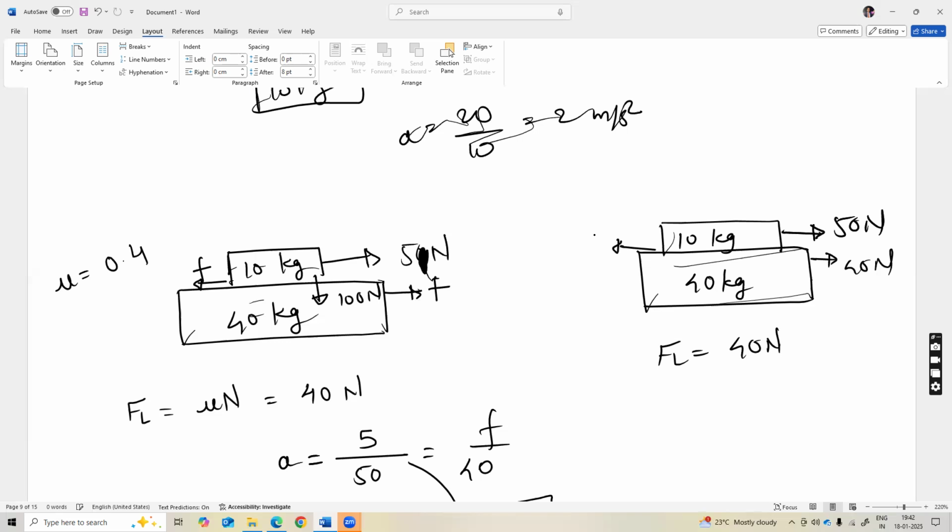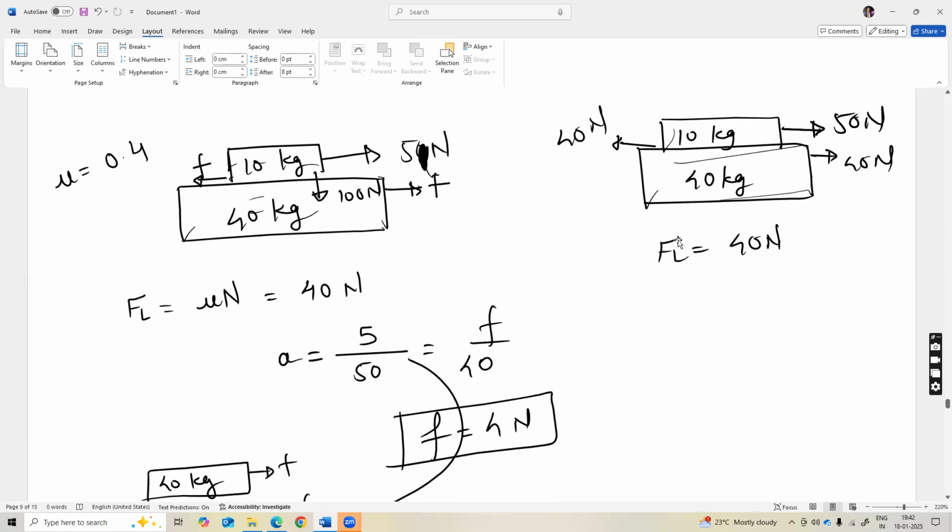Okay, only the difference is their direction. So now if you consider the 10 kg block, net force of 10 Newton is acting, and total mass of this is 10 kg. So it will move with acceleration 1 meter per second square.